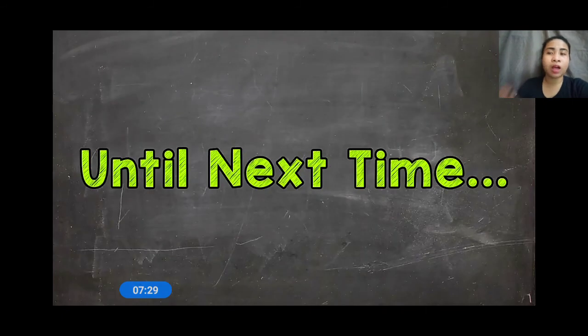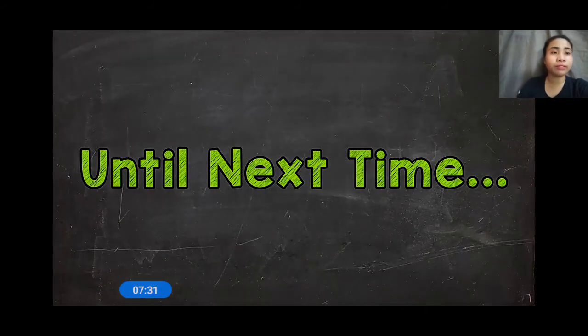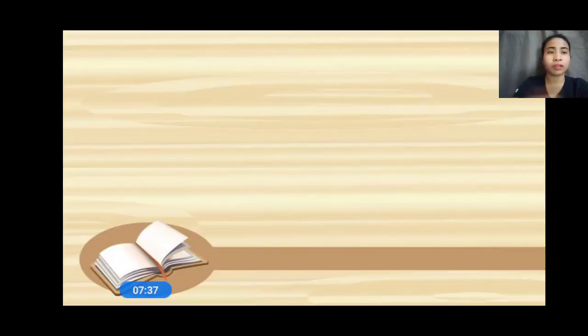Okay, so that's how you know the place value of decimals. Now the first digit, again, the first digit after the decimal point represents the tenths place. And then next to tenths, we have the hundredths, and then thousandths, and then ten-thousandths, and so on.